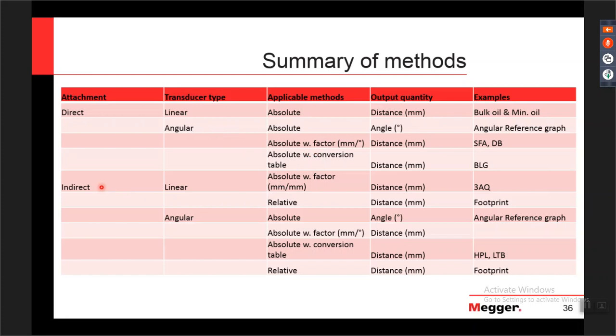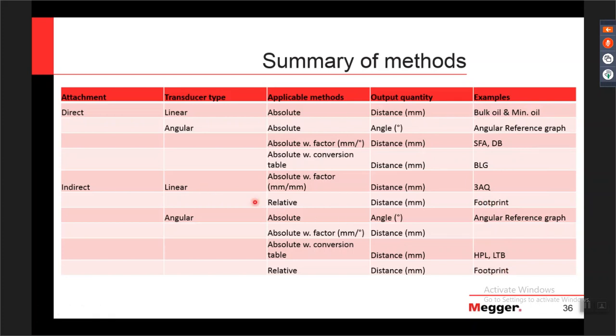And for indirect attachment of the transducer, you can use the absolute with factor and relative, of course, and absolute measurement also for angular, and factor, absolute with factor and conversion table, and relative measurement. And in the examples here you see for the relative, it says footprint here.